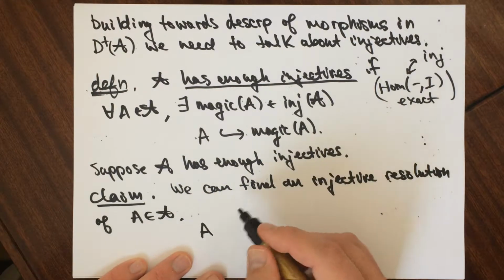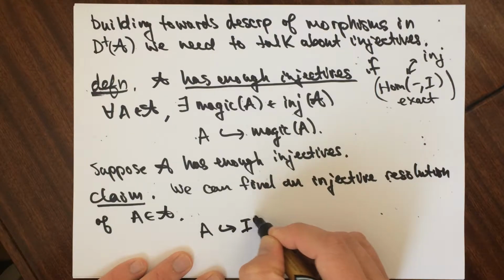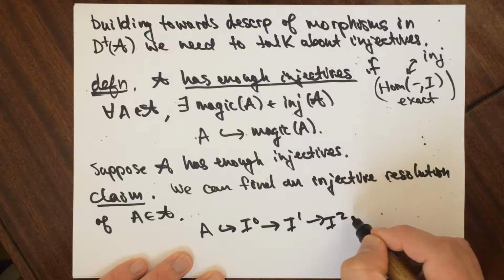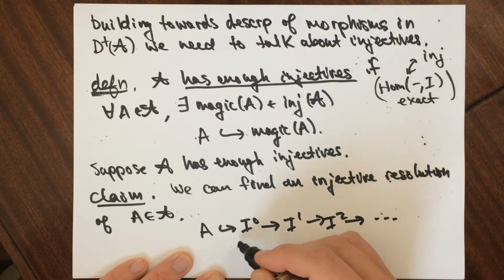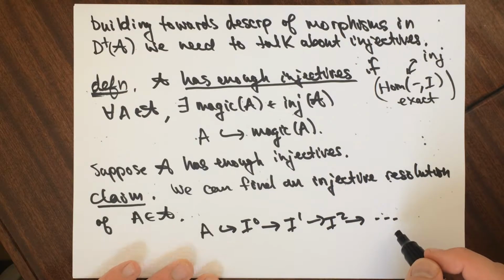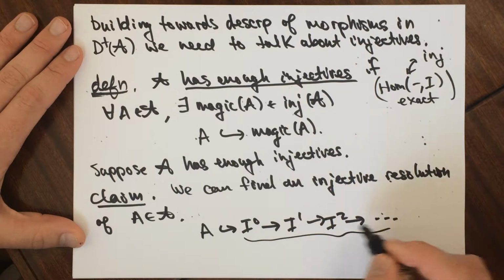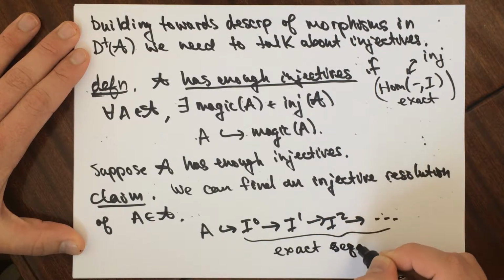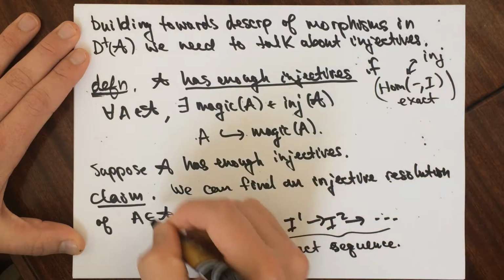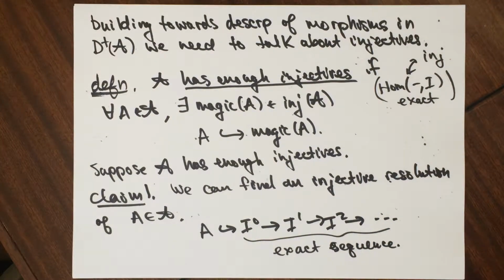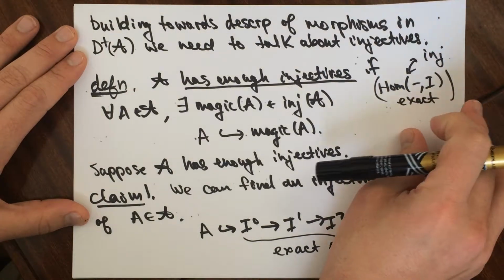Here we're going to have a map like this to I0, and then we have I1, I2. Okay, and so this part is going to be an exact sequence. So this is exact here. Okay, so this is claim 1, I guess. So let me talk about the basic strategy.